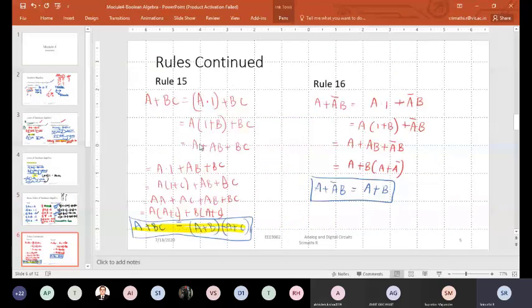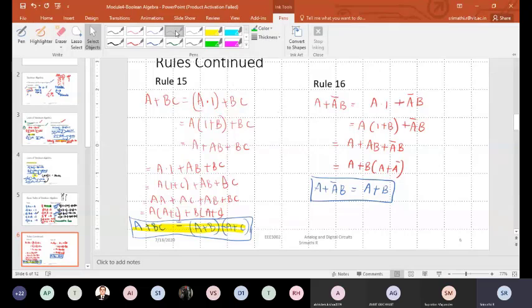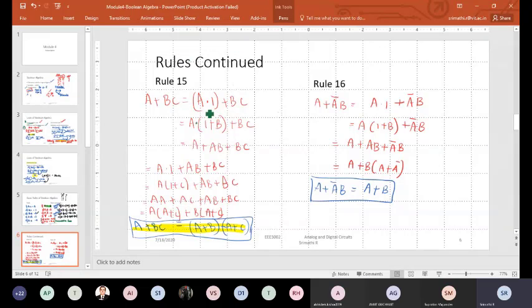So a dot (1 plus b) plus bc. Now I can distribute, multiply inside.